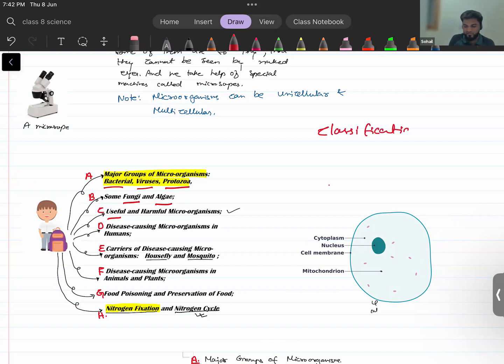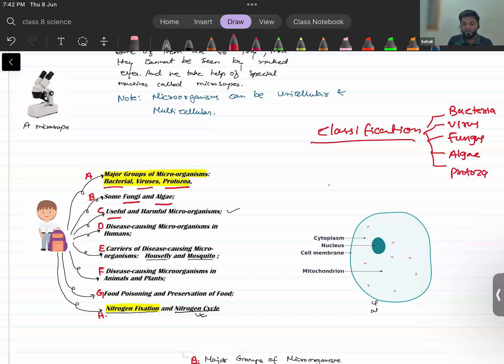Some are categorized as bacteria, some as viruses, some as fungus, and some as algae or protozoa. Okay, so we covered this part in the ongoing batch. Okay, Fatima and Arhan, we covered this thing.